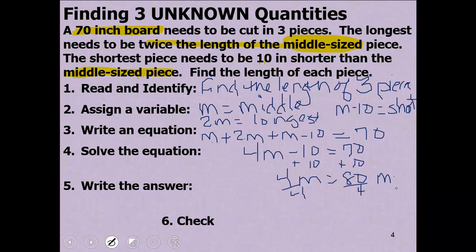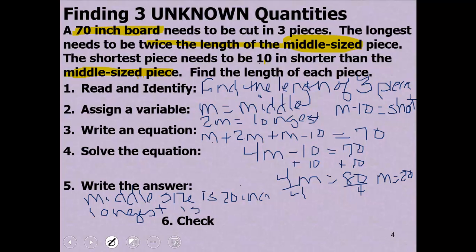So M equals 20. If M equals 20, the middle size is 20 inches. The longest has to be twice that, is 40 inches.